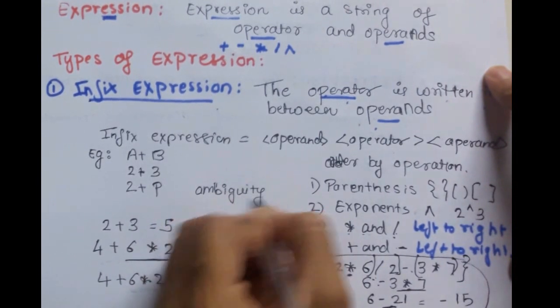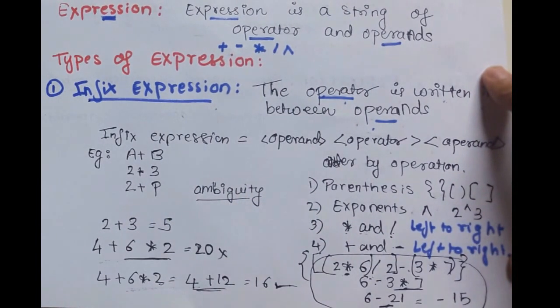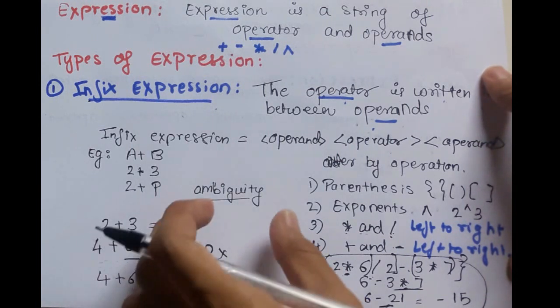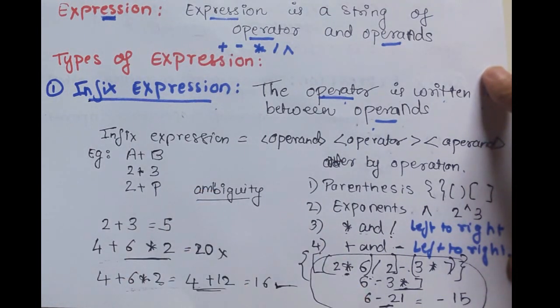Because there are a lot of things to be considered, like operator precedence rule, associativity rule. There is a problem of ambiguity, and in order to resolve this problem, there are two more types of expression, that is postfix expression and prefix expression. In these expressions, there is no need of parenthesis and no need to take care of operator precedence and associativity rules. Okay.